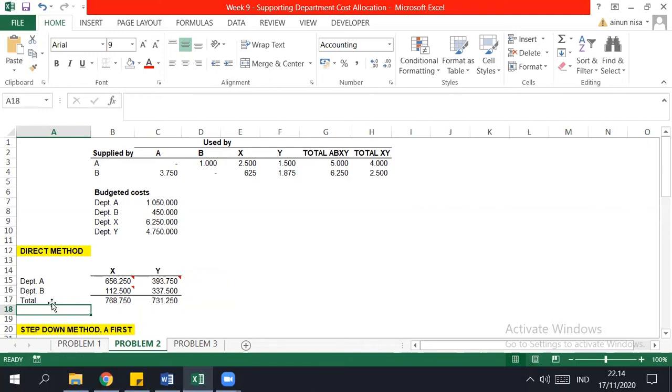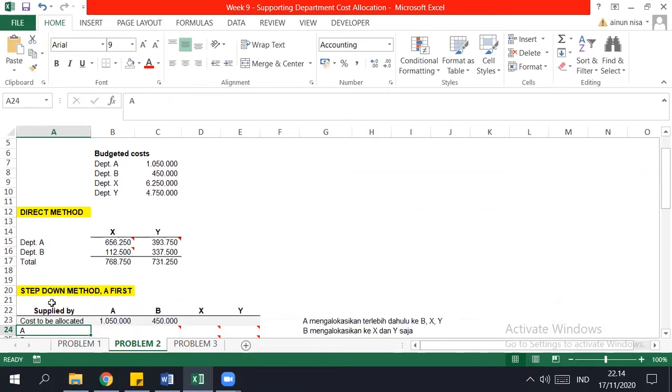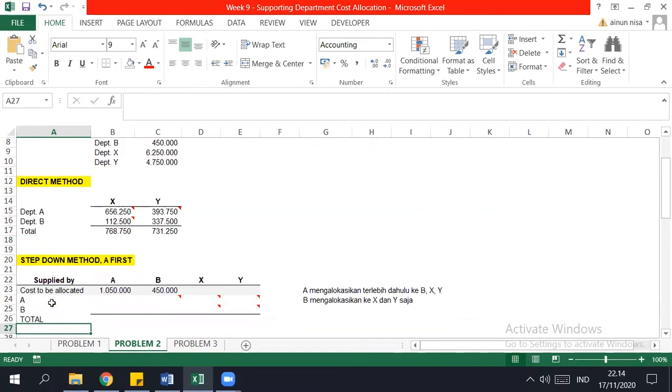Okay, so next is the step-down method, but we have to allocate A first. The concept of the step-down method is you have to allocate the cost of one department to the other department first.